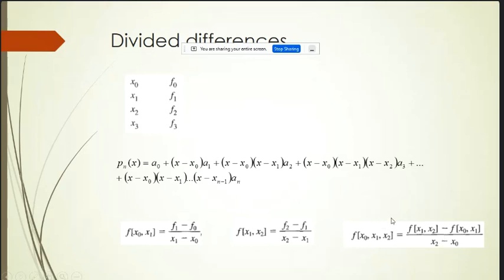The last equation, in the last row of this slide: f[x0, x1, x2] equals (f[x1, x2] minus f[x0, x1]) divided by (x2 minus x0), where f is defined in the previous equations and previous divisions.